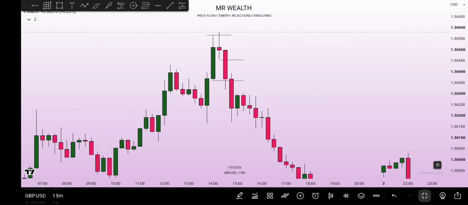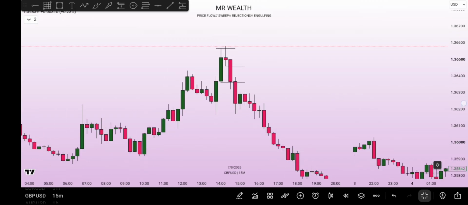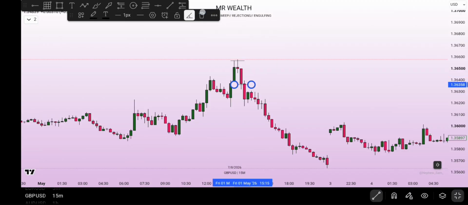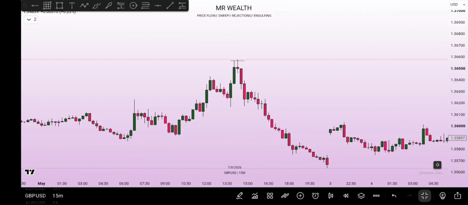It just went down. So in case you see something like this, that there's momentum in the market, you can use sell stop on your MT5 or whatever you use for execution. You can use sell stop.